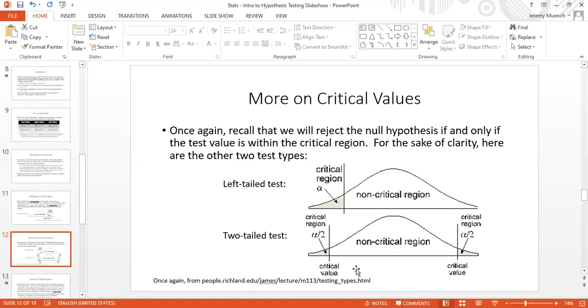And this is a two-tailed test, where I'm going to reject the null hypothesis if my actual data values are too high or too low. In this one, we split the critical region in two.